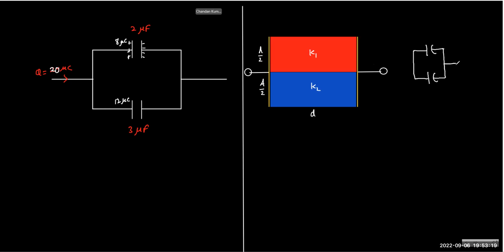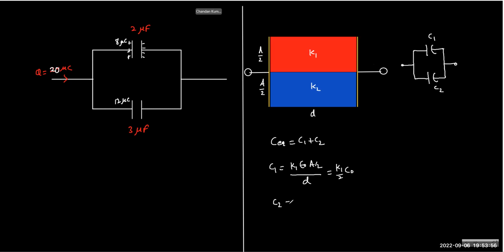We are done. C1, C2. So you know how to find the C equivalent: C1 plus C2. And by the way, what is C1? K1 epsilon naught, A by 2, upon D, which is nothing but K1 by 2 C naught.